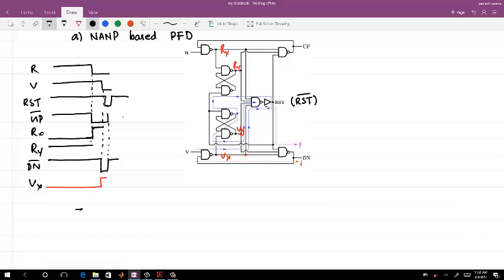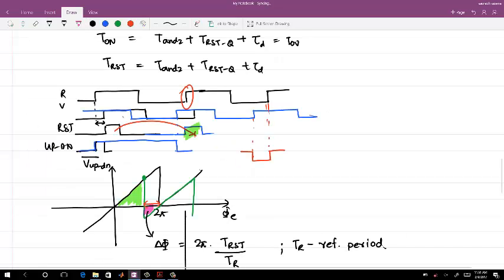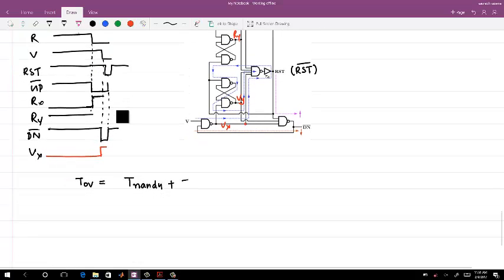Those are the things which we need to see. Okay. So T overlap time is T NAND 4 plus whatever TD is here.